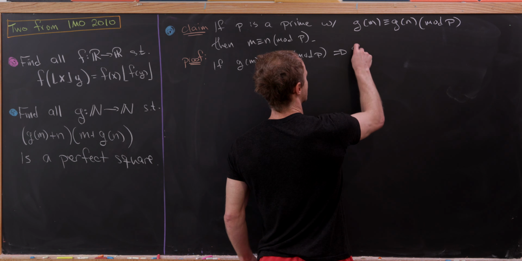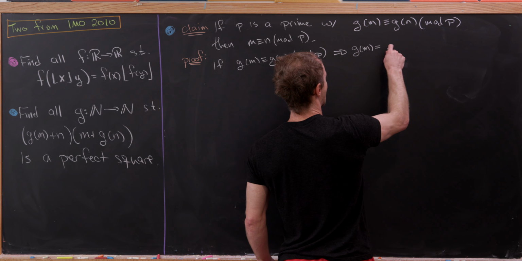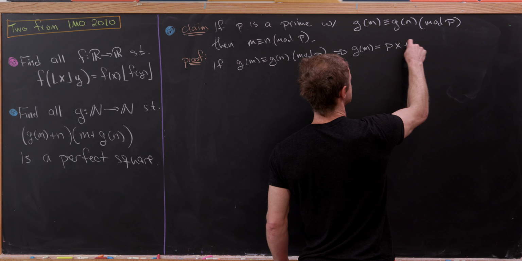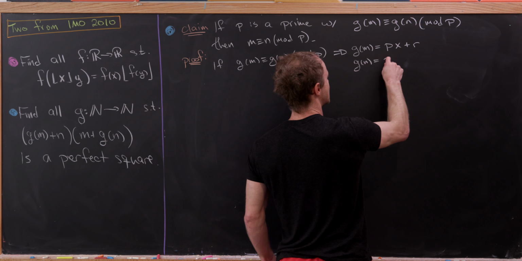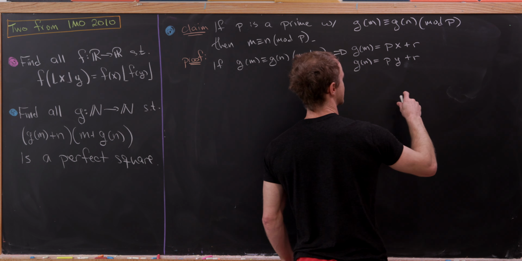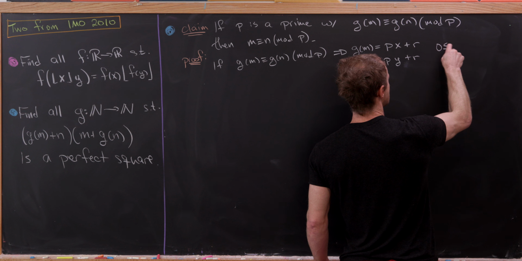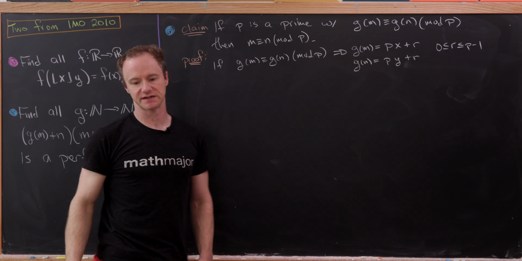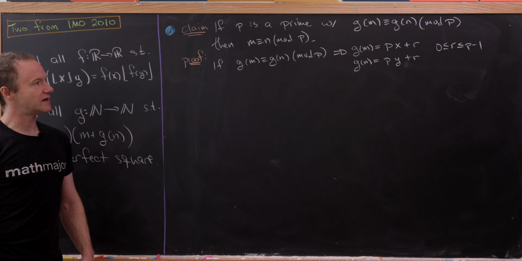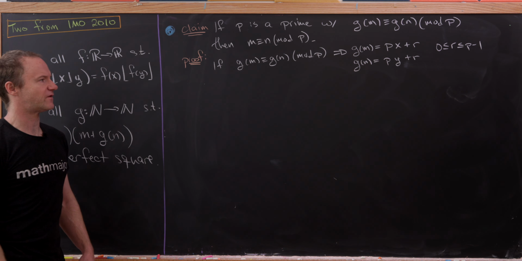So in other words, we can write g of m as p times x plus r, and we can write g of n as p times y plus r. And the important thing here is that r is between 0 and p minus 1. But now let's observe the following.